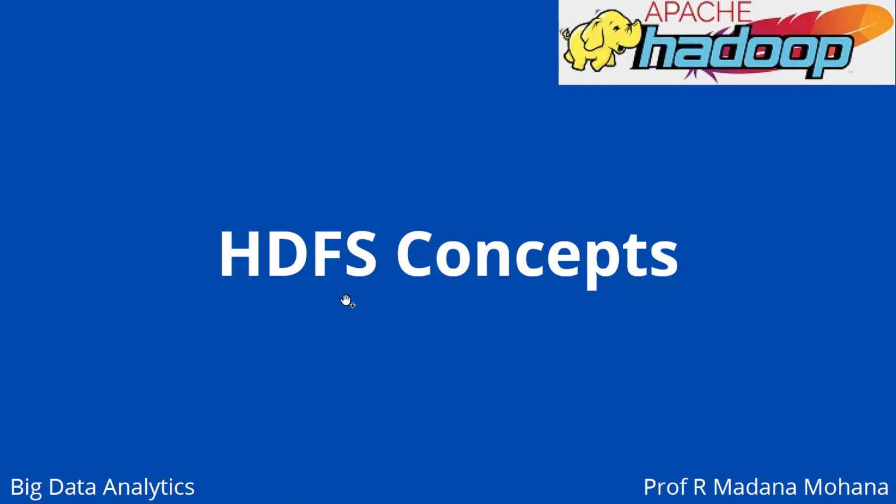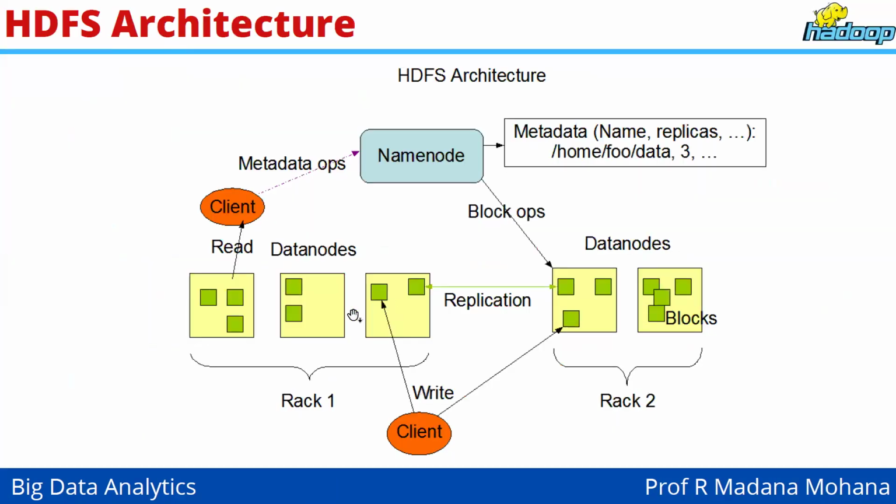Now let us move to the concepts of HDFS. This is the HDFS basic architecture. Majorly it contains the name node. Then we have various data nodes. Data nodes are stored in racks. Every rack contains nodes with their blocks.